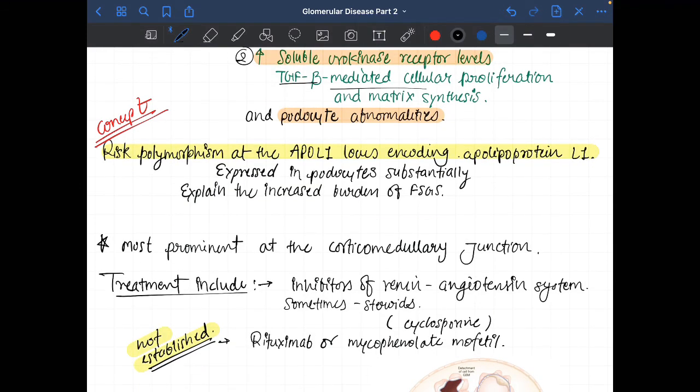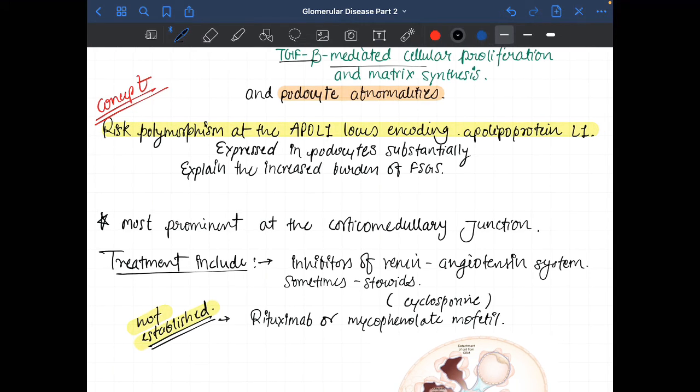Another concept is risk polymorphism at the APOL1 locus encoding apolipoprotein L1. Take note, APOL1 locus. The APOL1 locus in the gene encodes for apolipoprotein L1.